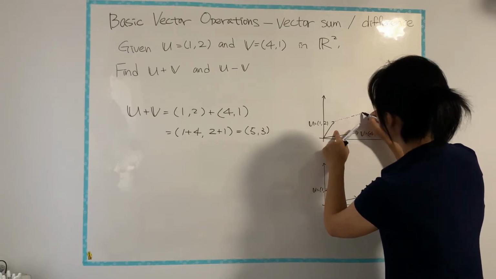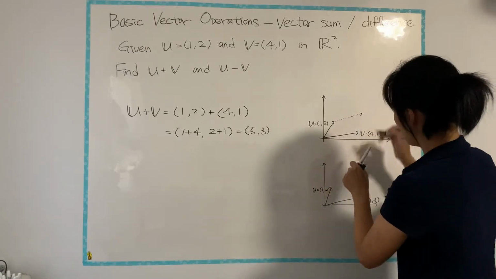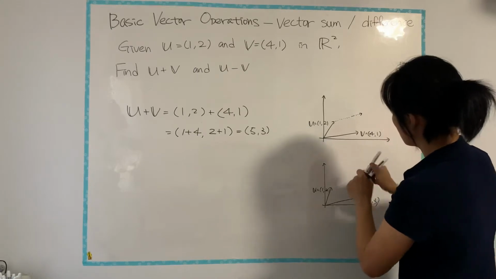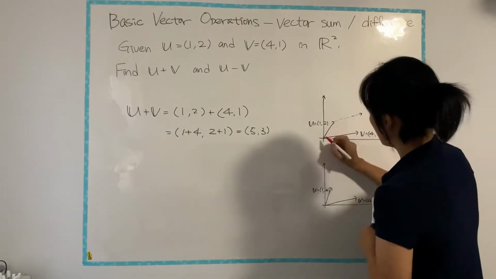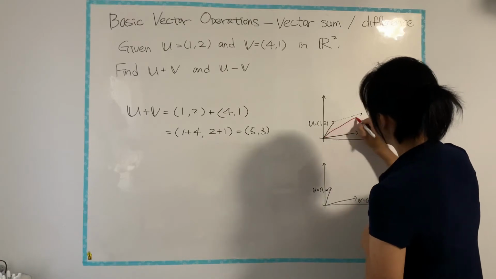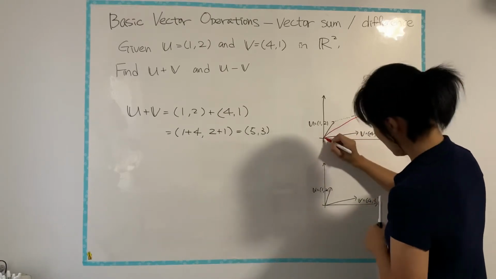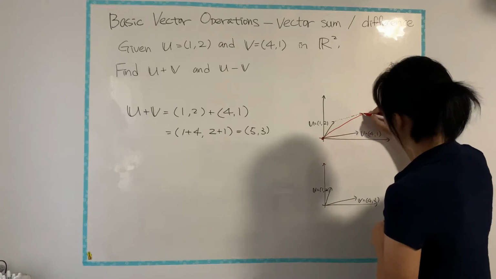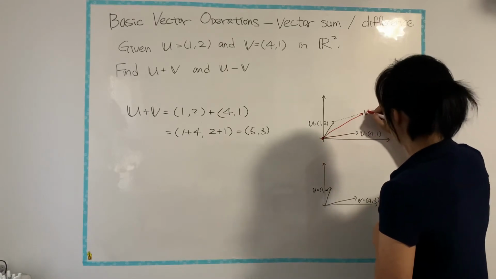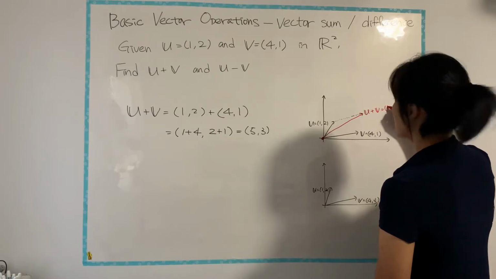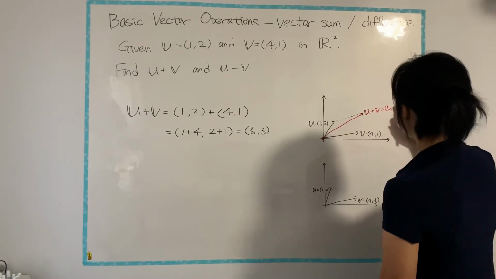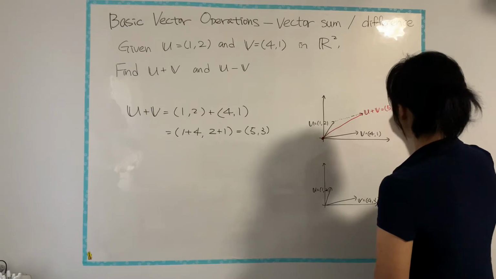So I have the vector v being pushed up, and the vector from 0, 0 to here is my vector u plus v. Okay, so that's what I have. 5, 3.